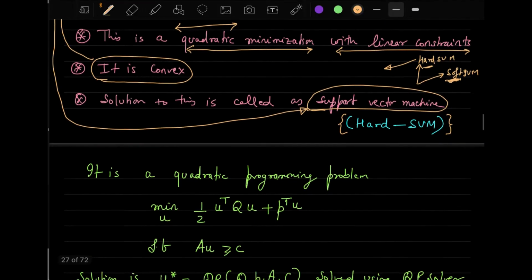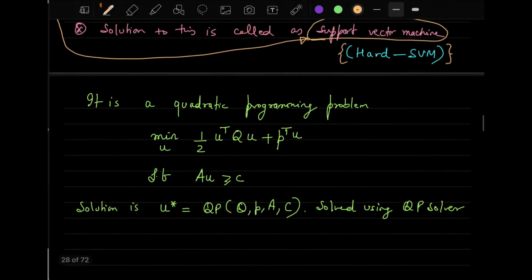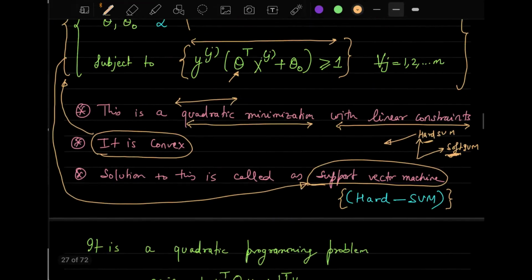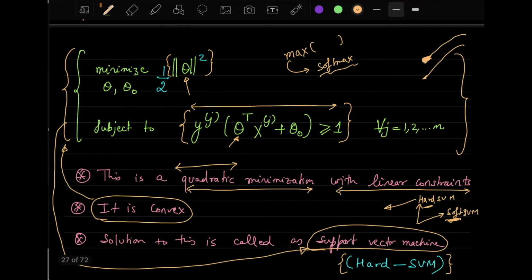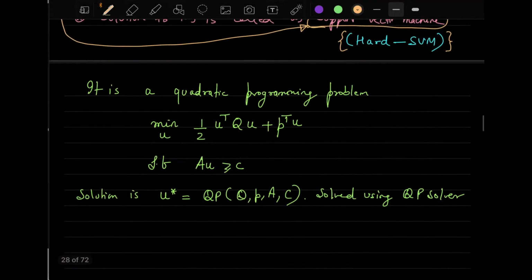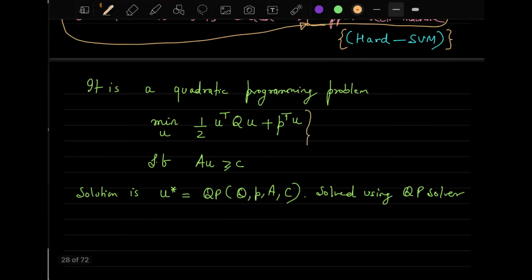Okay. So again, you can write it in this format. This particular convex optimization problem that I am writing over here, you can write in this format also, where u is a vector and Q is a matrix. In the matrix vector format, you can write it in this way. Once you write it this way, you can use any quadratic programming solver that is available in Python.